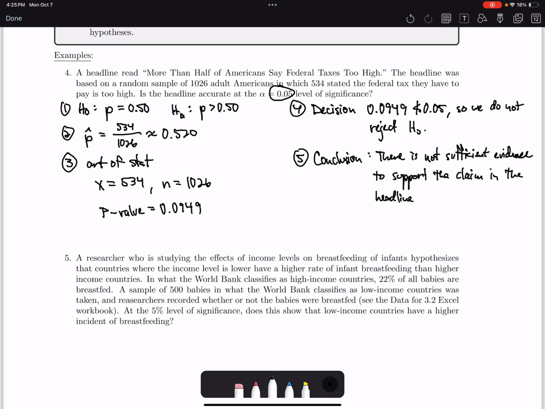And then maybe we could clarify the claim was that more than half of Americans say taxes are too high.